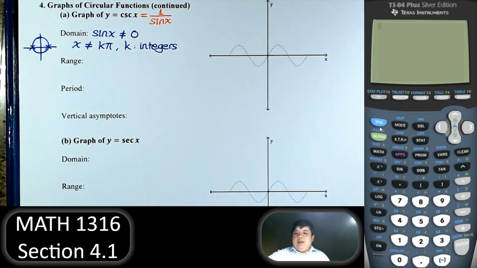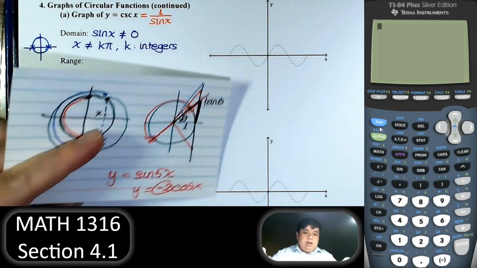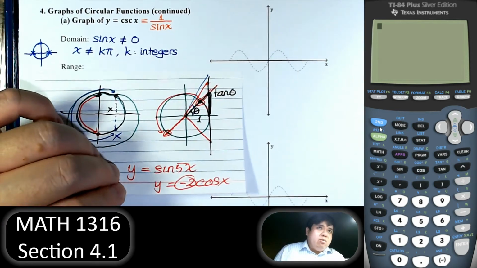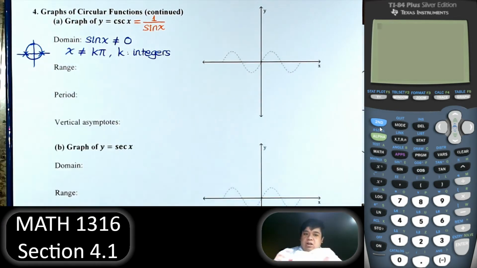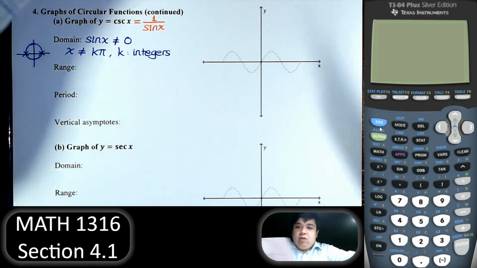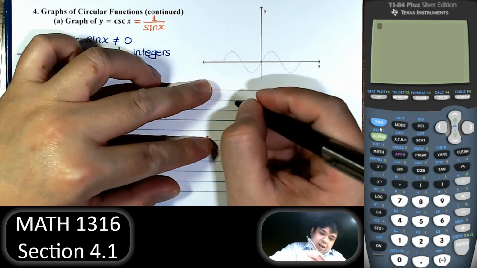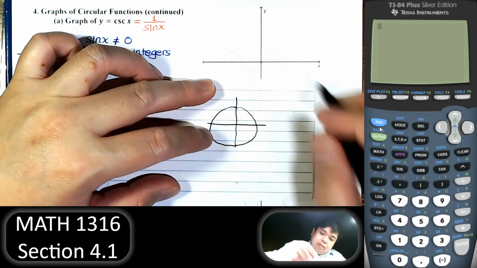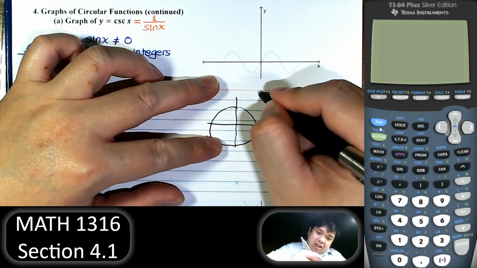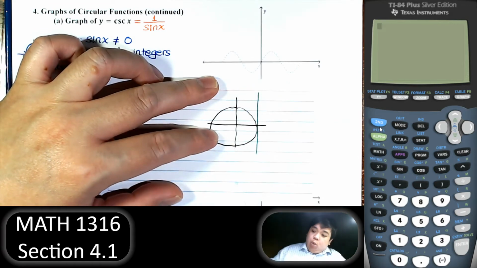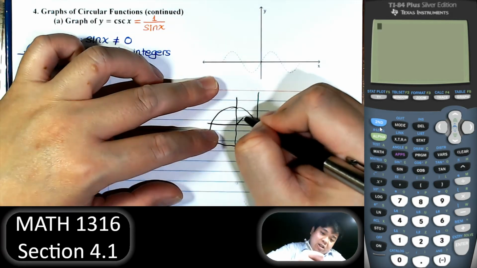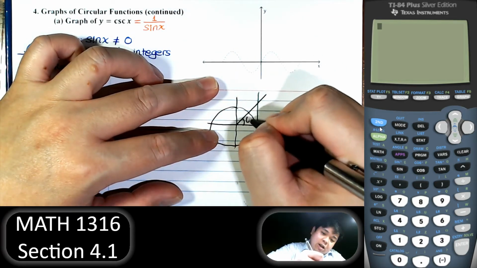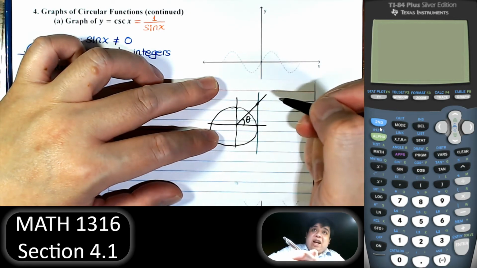The range. Now a little more difficult. How did we define secant based on the unit circle? So again, on the unit circle, we have the tangent axis. If we want tangent, we extend the terminal ray and intersect on the tangent axis.